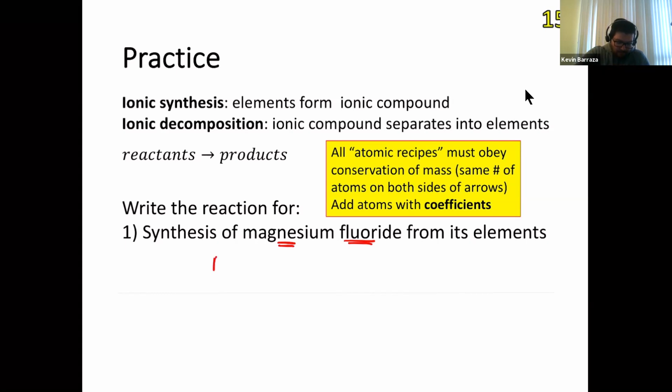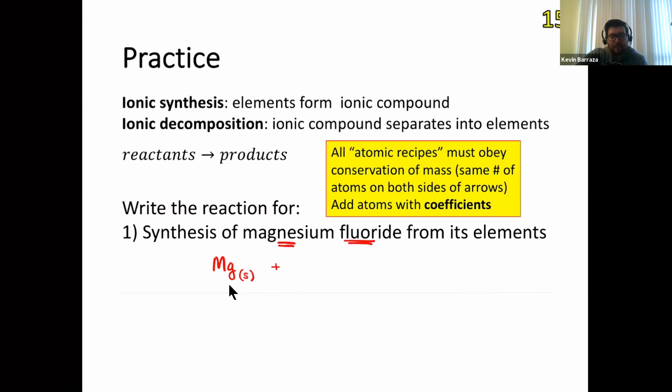So we're going to say Mg, and now we put the symbols for their phases down. Magnesium would be solid, and I like to put it as a subscript. So that means magnesium is a solid.